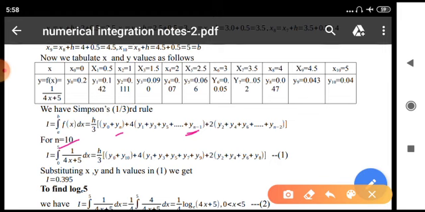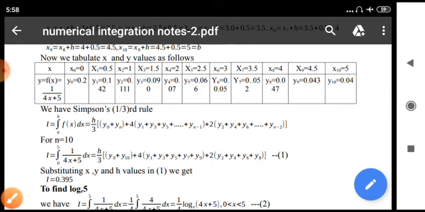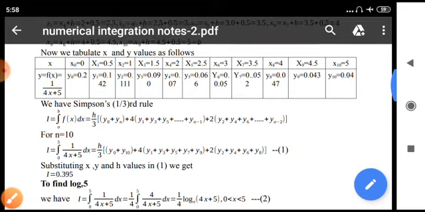So we write y1 plus y3 plus y5 plus y7 plus y9. Similarly, for n minus 2, that is 8, we write up to y8: 2 times (y2 plus y4 plus y6 plus y8). Now we call this equation 1.